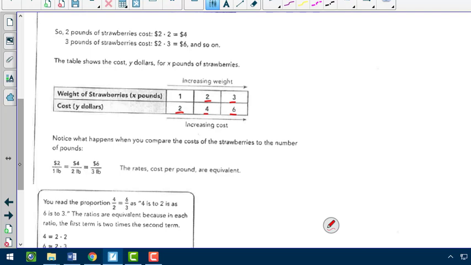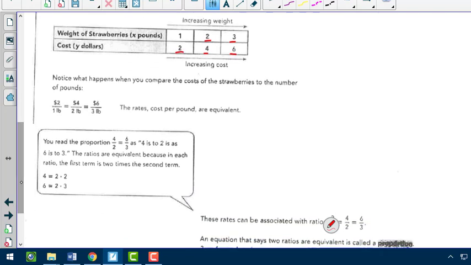Notice what happens when you compare the cost of the strawberries to the number of pounds. The cost is the Y variable. The pounds is the X in this situation. Yes, $2 per pound. So $2 per pound means $4 for 2 pounds, $6 for 3 pounds.